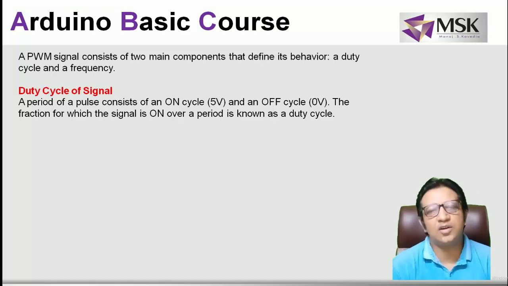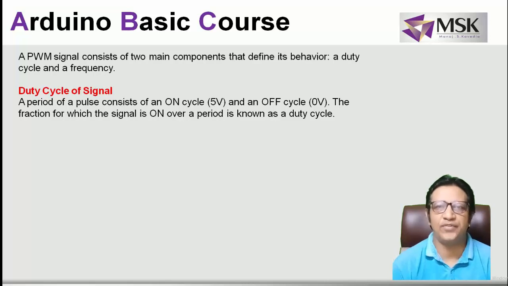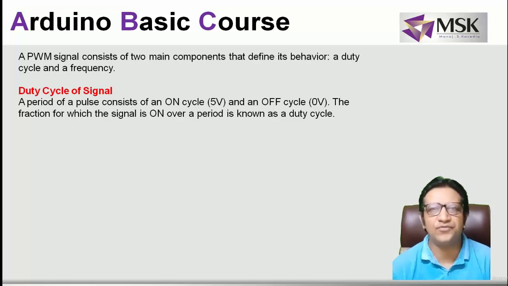Now let's see what are the components of a PWM signal. I've already told you that a PWM signal consists of on time, when it is 5 volts, and off time, when it is 0 volts. And this on time and off time defines something called the duty cycle.